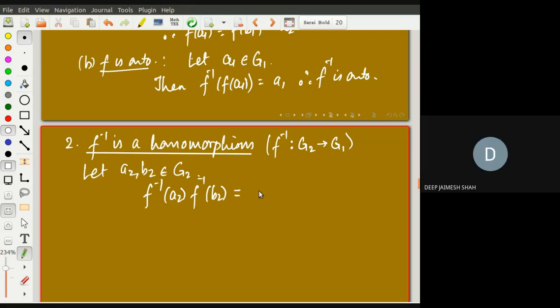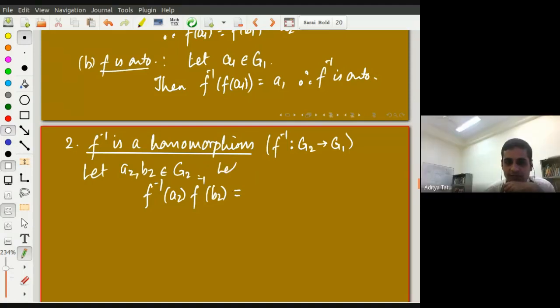A1 times B1. Okay. So then I have to write here, let F of A1 equal A2, F of B1 equals B2. Then this would be A1 B1.